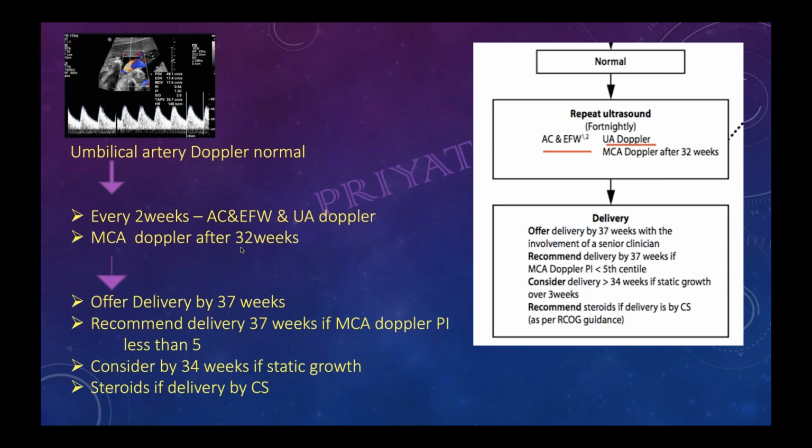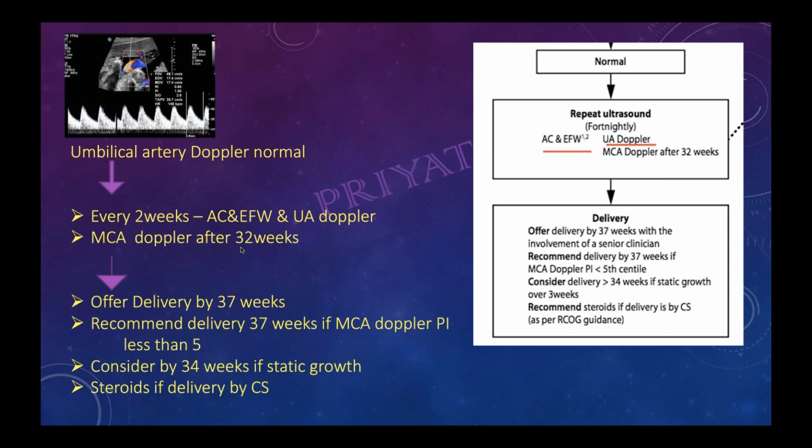You will recommend delivery by 37 weeks if you find MCA Doppler PI is less than 5th centile. Normally in MCA Doppler the PI increases, but here it has decreased and become less than the 5th centile. So a decrease in MCA PI is not good.